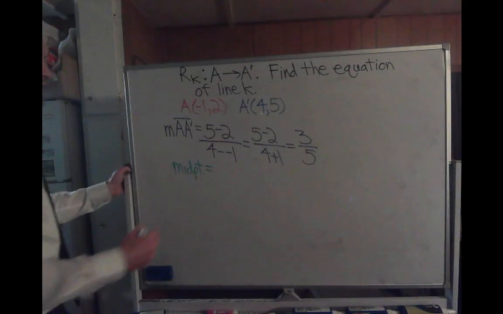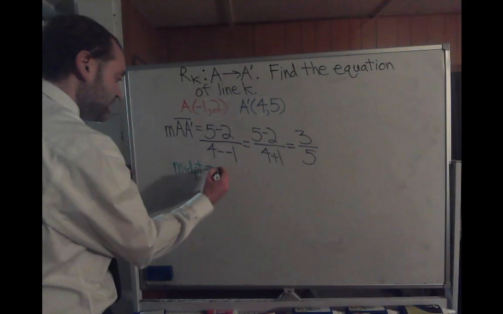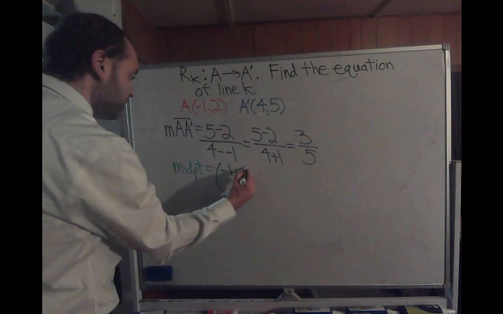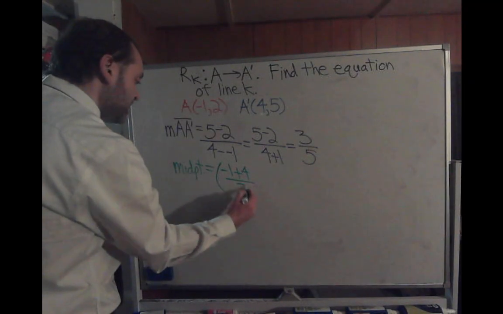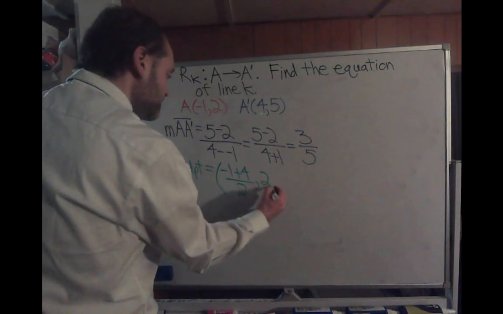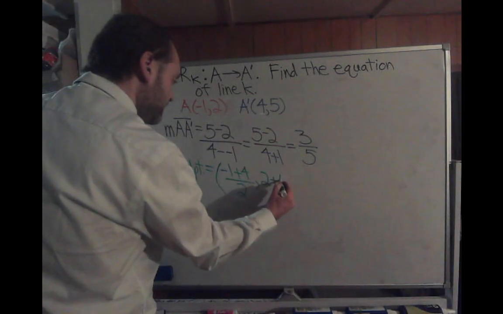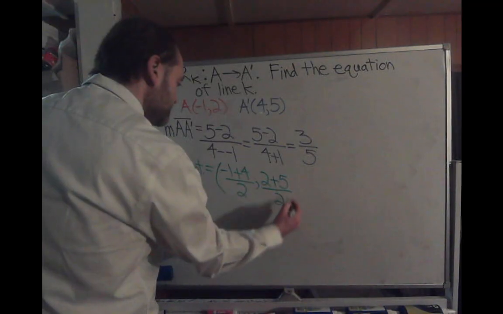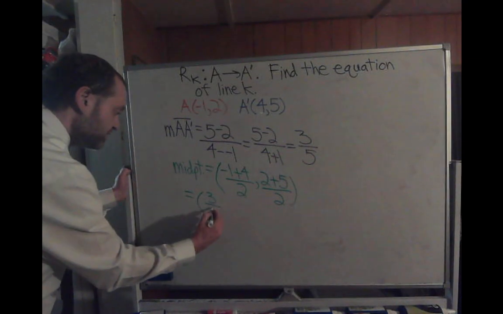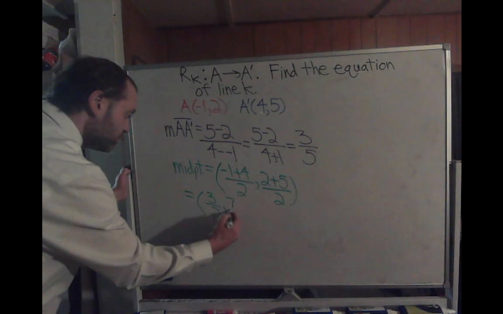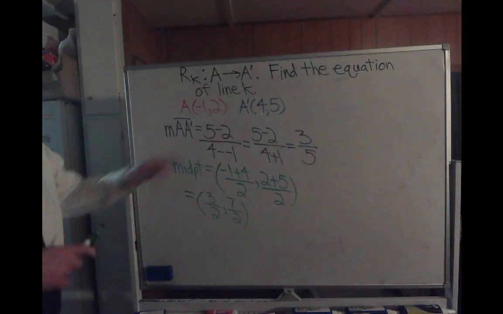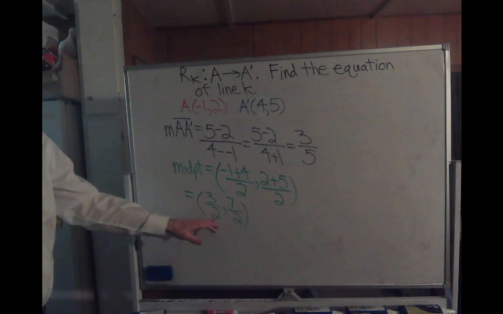That, of course, is going to end up equaling your x1 coordinate of -1 plus your x2 coordinate of 4, all that divided by 2, and then you'll take your y1 coordinate of 2 plus your y2 coordinate of 5, dividing that by 2, which would end up giving you a midpoint of 3/2, 7/2, which that's perfectly normal to have fractional midpoints. So the midpoint of this line segment will be 3/2, 7/2.